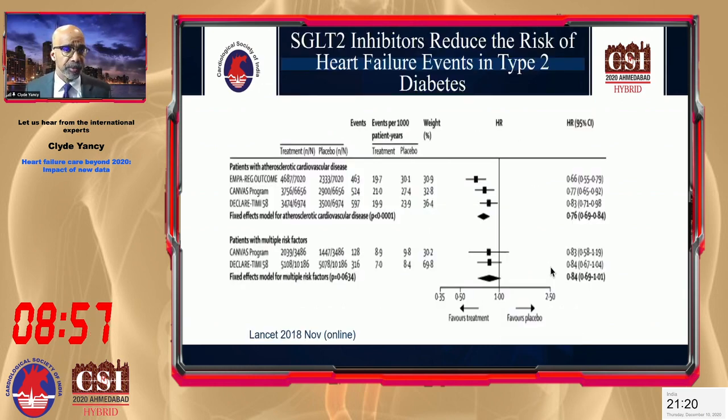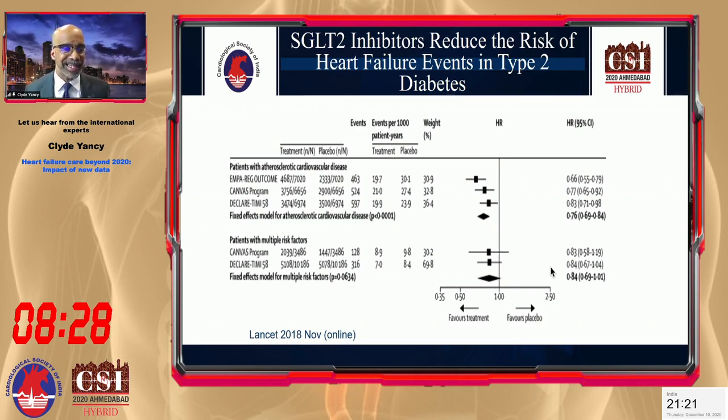What has since evolved has been the evolution of positive data in all of the drug classes that have been evaluated within this SGLT2 inhibitor space. The EMPA-REG program, the canagliflozin program, the dapagliflozin program, all of these data points demonstrated that in patients at higher cardiovascular disease risk, there's a consistent signal that documents nicely the prevention of heart failure events.